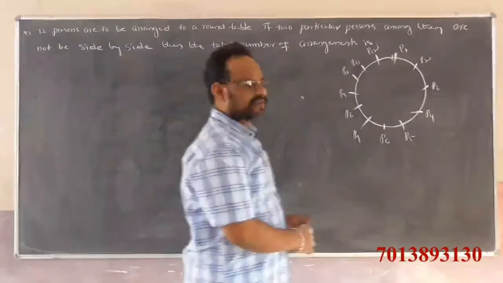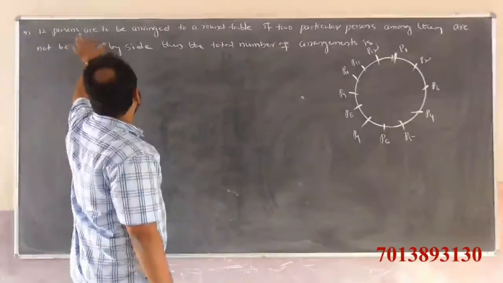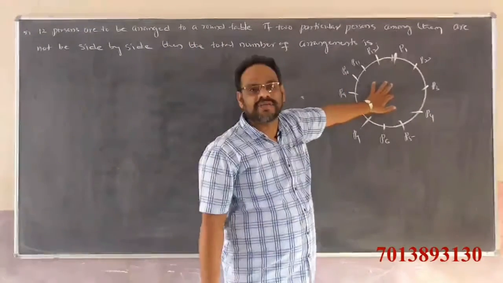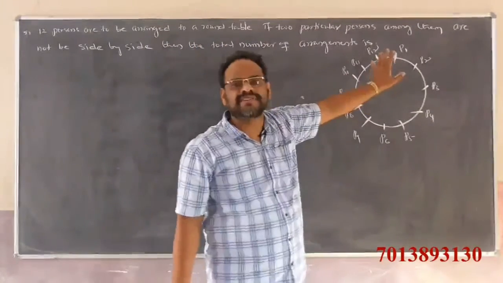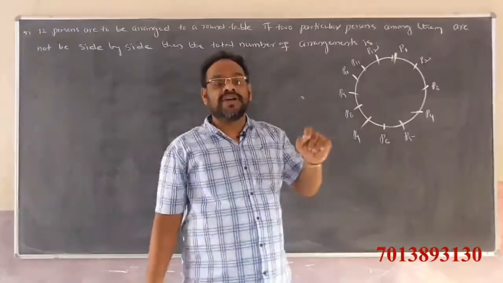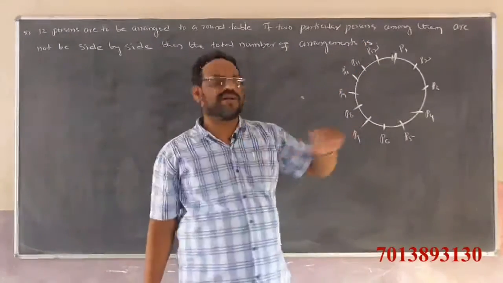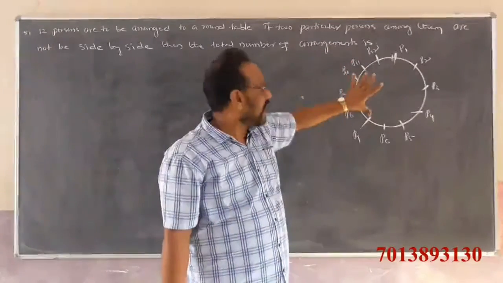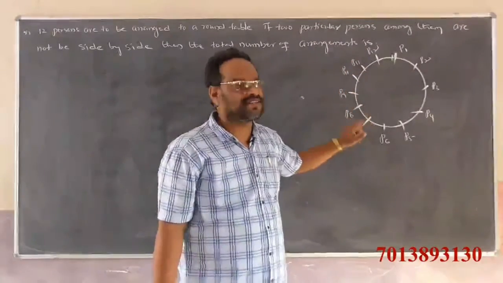So 12 persons are to be arranged at a round table. How many ways can 12 persons be arranged at a round table? We already know the formula, that is (n minus 1) factorial, clearly 12 minus 1 factorial. So 11 factorial ways we arrange them. But they gave one condition here.